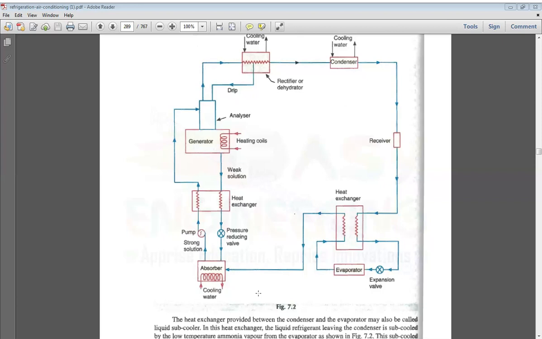The main function of the analyzer is to eliminate, as much as possible, the absorbent, that is the water vapor, leaving the generator. And the rectifier is a kind of dehumidifier.